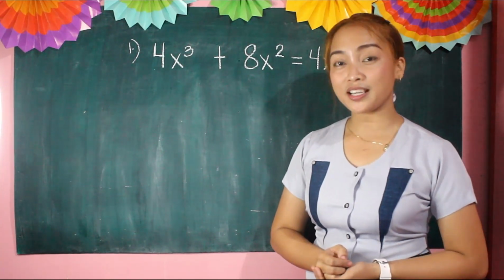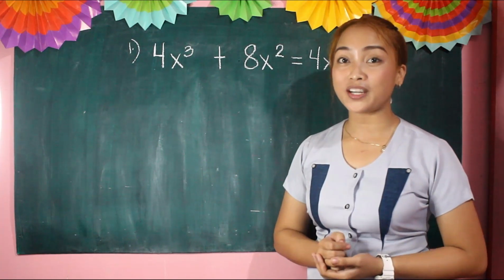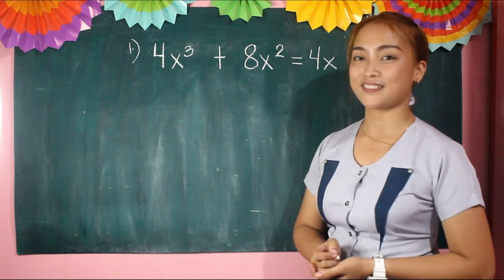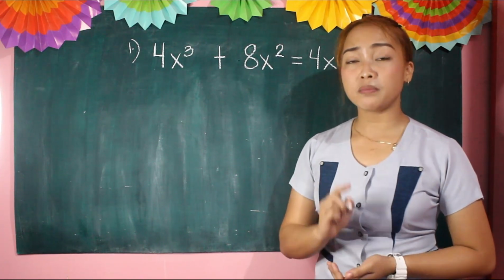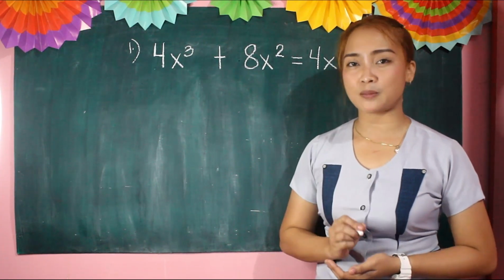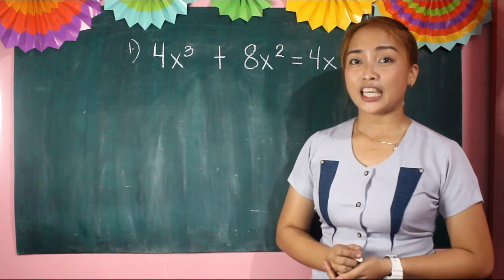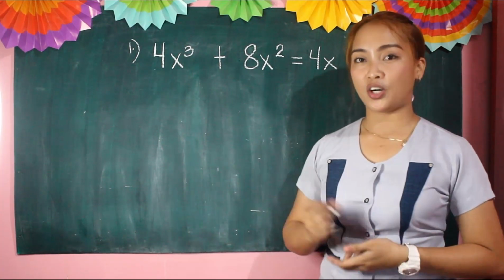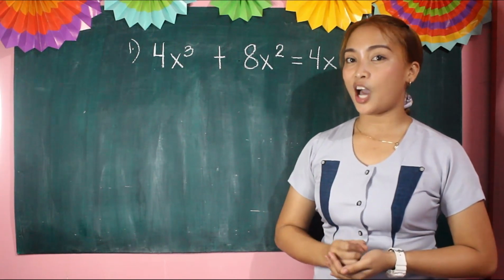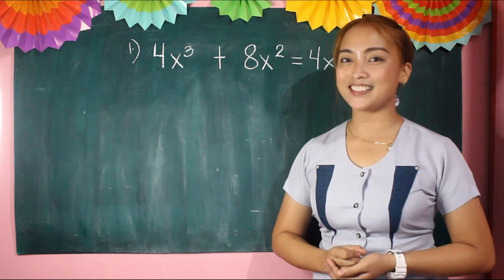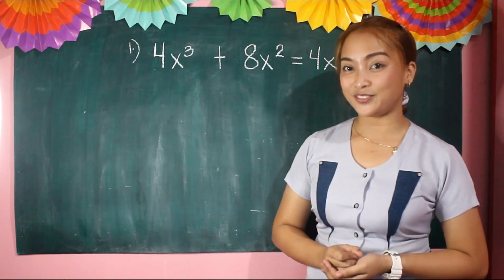How about our exponent? How to get the common exponent of each term? Yes, we must find the least exponent. Bakit yung least, ma'am? Kasi, if we divide it later on, and if we're going to subtract each exponent, according to the laws of exponent, under quotient rule, hindi siya magne-negative.